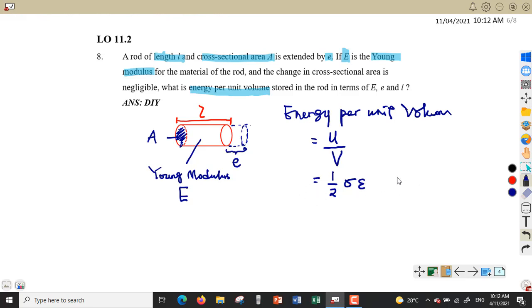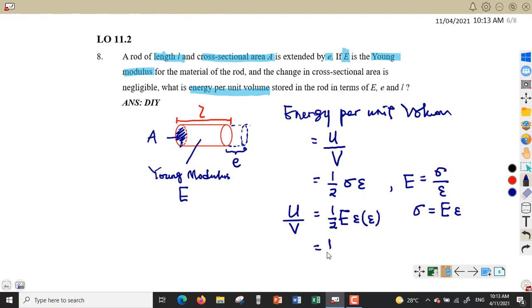So we know that the Young modulus is stress over strain. If I rearrange, the stress is the Young modulus multiplied by strain. So I put it into the equation. The energy per unit volume for the question will be half, stress will be the Young modulus multiplied by strain, and then multiplied by strain again.